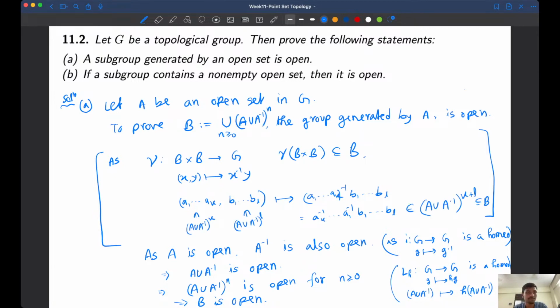Let H be a subgroup of G, and H contains a non-empty open set U not equal to phi, U open in G, contained in H. So we need to prove that H is open.